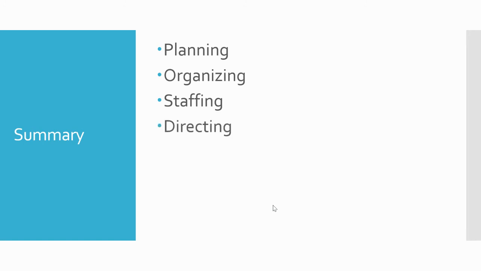The next function is organizing. Organizing is a function which enables us to determine ahead, grouping and arranging all the resources together in order to achieve the business objective.